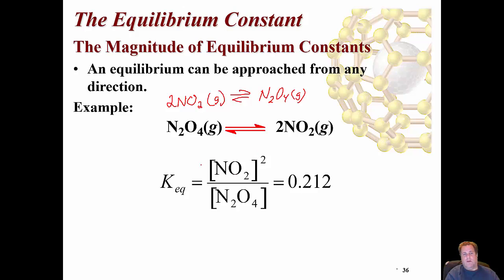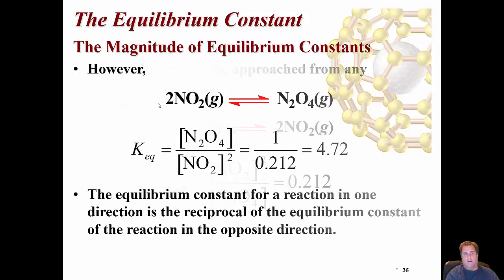So in this scenario, at whatever temperature this is, our value of K is 0.212. So what happens if we do write it the other way, this way I wrote up here? Well, if we flip it around, of course now the equilibrium expression is N2O4 over NO2 to the second power.